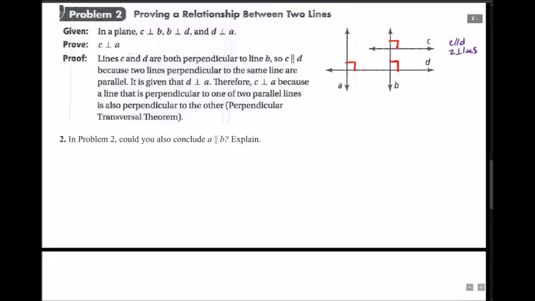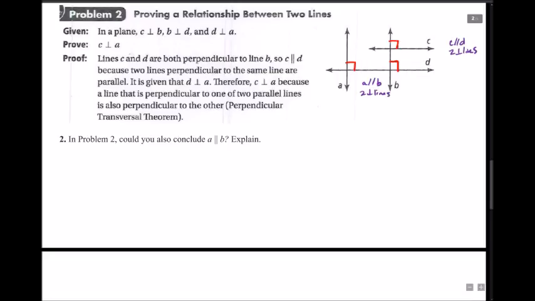Do you see our perpendicular transversals theorem? It's the same thing we just did. We have two perpendicular lines here. We're going to be able to say A is parallel to B.